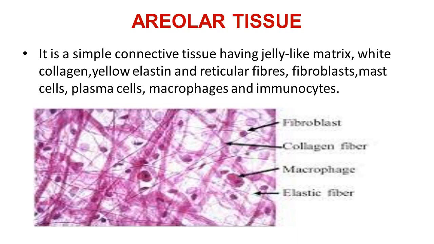Along with it, it also contains different types of cells like fibroblasts, mast cells, plasma cells, macrophages and immunocytes. All these cells perform different functions in this tissue, and this tissue is known as areolar tissue because it has so many air gaps between the cells and the fibers. That's why it is called areolar tissue.